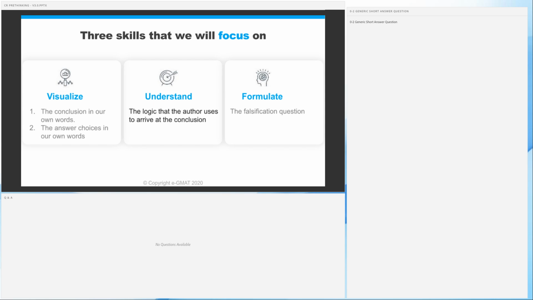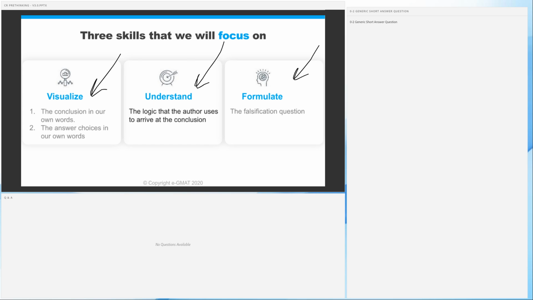So again, the skills that we're going to focus on. We're going to focus on visualization. If you don't visualize information, you won't be able to build that logical structure. If you don't build that logical structure, then you won't be able to formulate that falsification question. So learning these skills in sequence is really important.